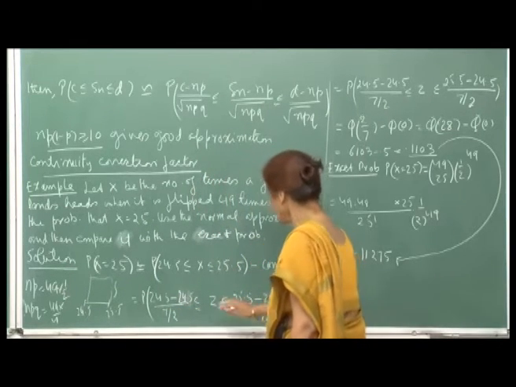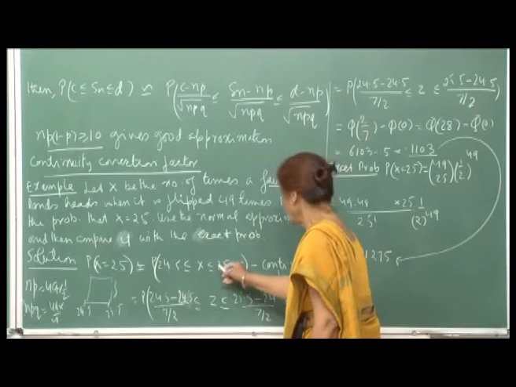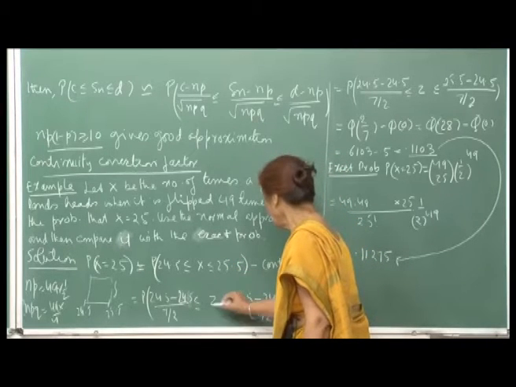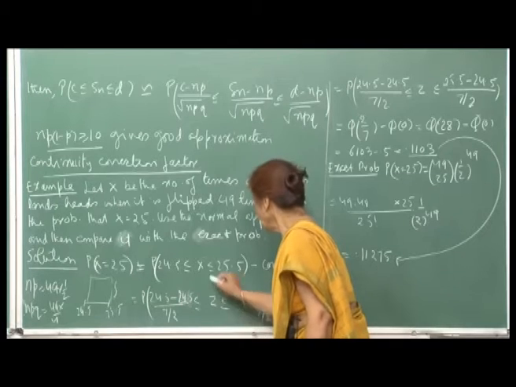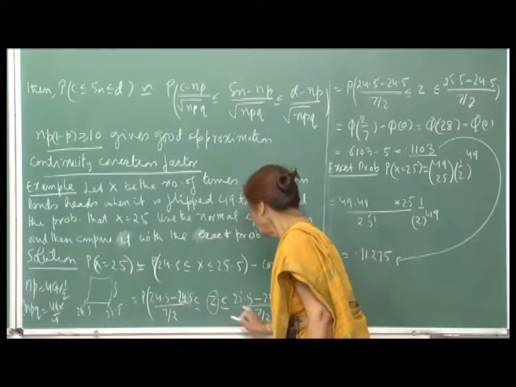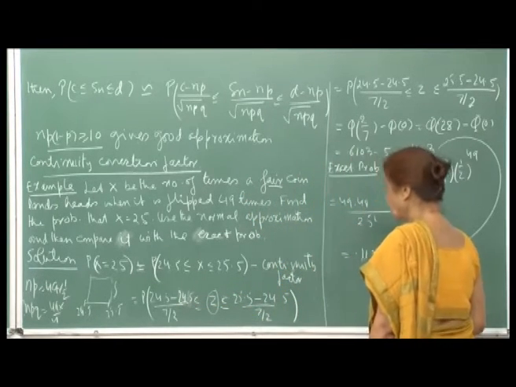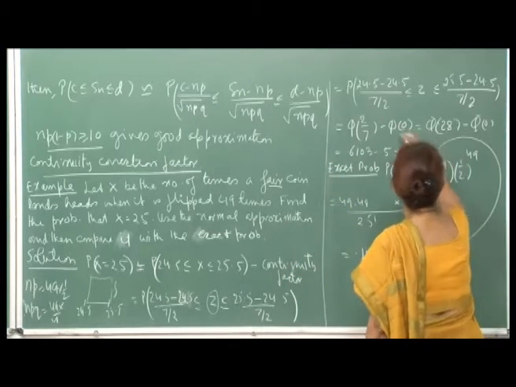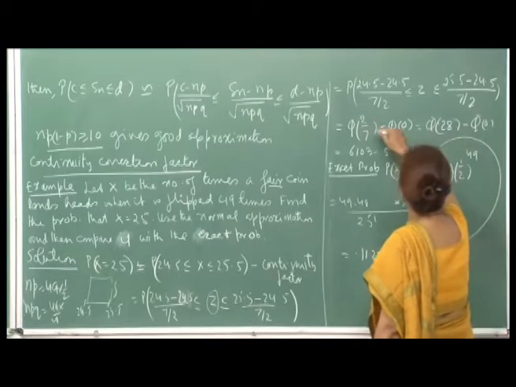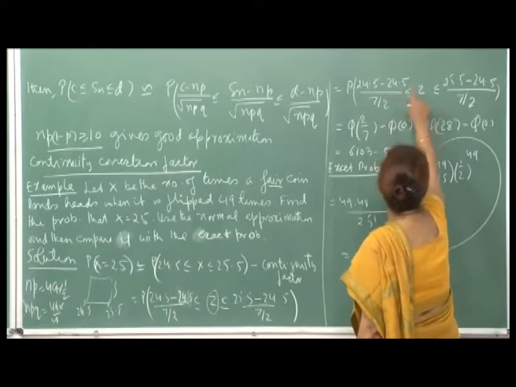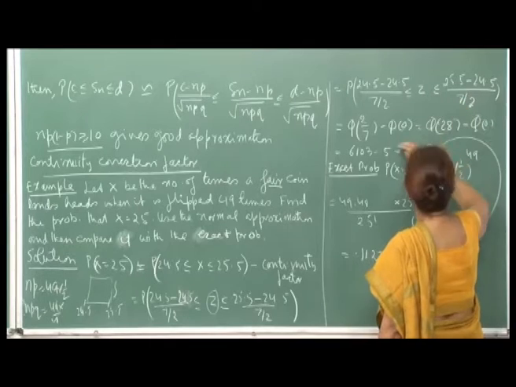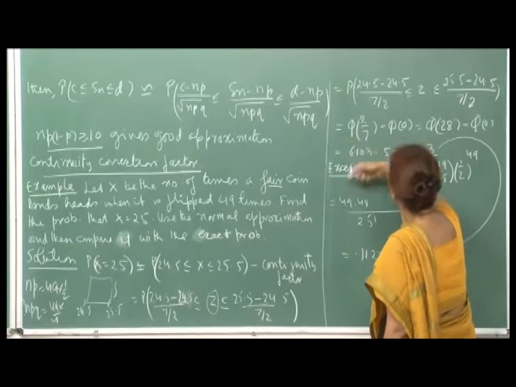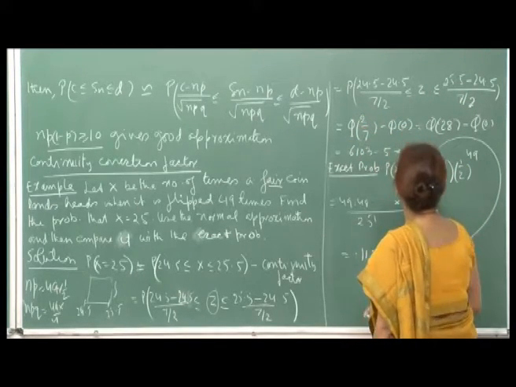Okay. So, this is now standardized. So, x minus 24.5 divided by 7 by 2 would make it standard normal, and so this is the event that you want to now find the probability of. So, this is equal to 0 and this is 1 upon, so 2 by 7. Therefore, this is equal to phi of 2 by 7 minus phi of 0.